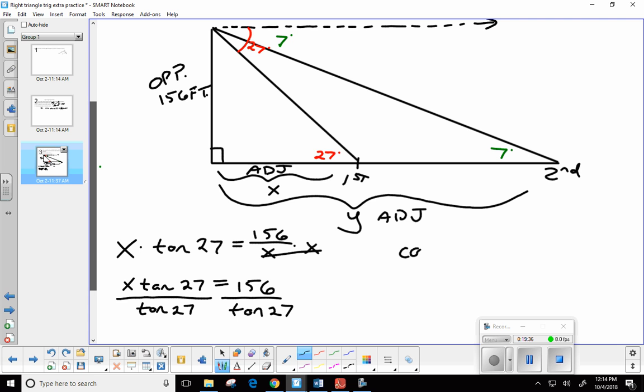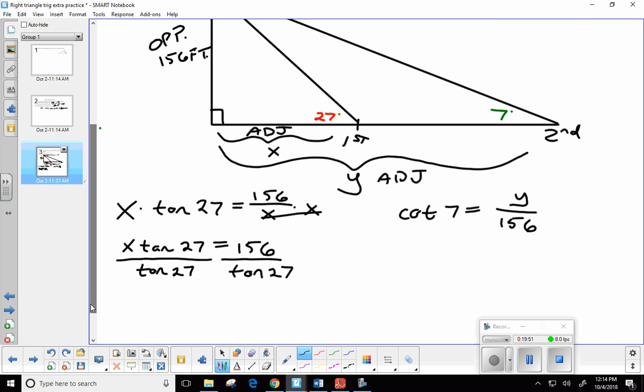So cotangent of 7 degrees, but remember, tangent is opposite over adjacent, so cotangent is adjacent y over the opposite 156. Here I don't have that extra step where I have to divide. I'll just multiply both sides by 156.